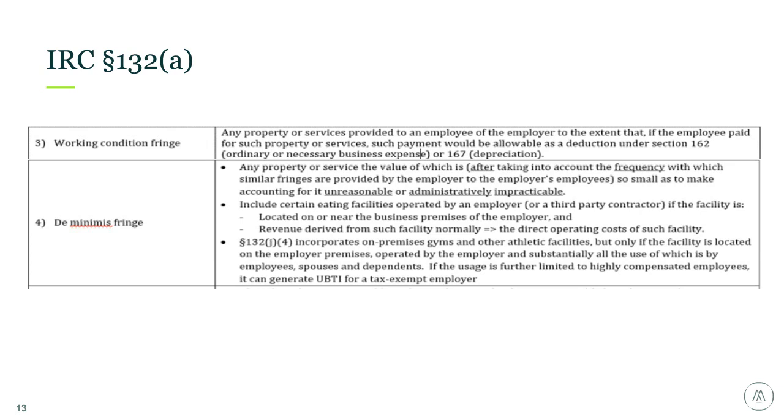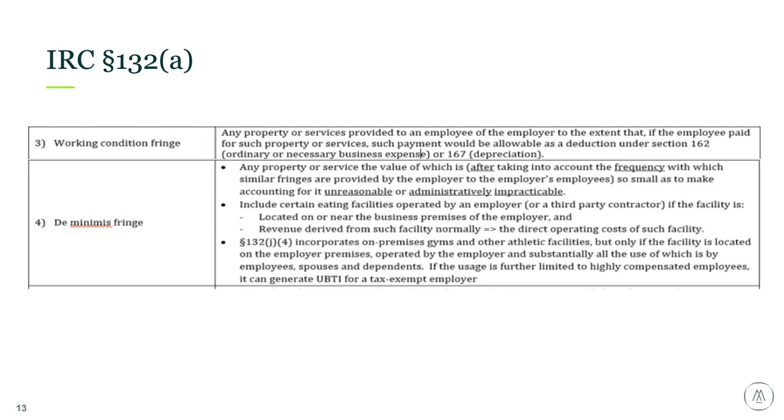The second factor is you include certain eating facilities operated by the employer or a third-party contractor if the facility is located on the business premises and the revenue derived from the facility normally is at least the direct operating cost of the facility. So this is a second way that we can use the de minimis fringe.